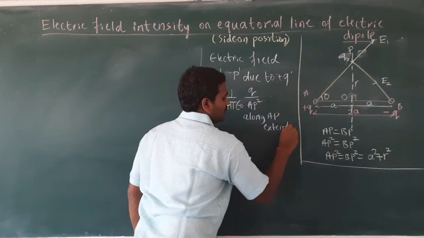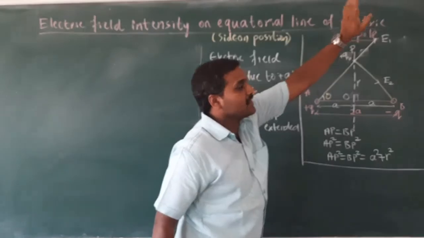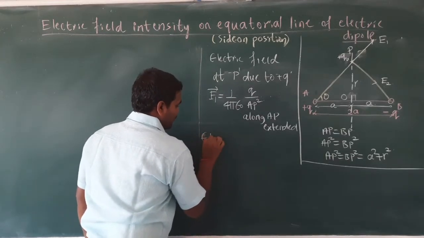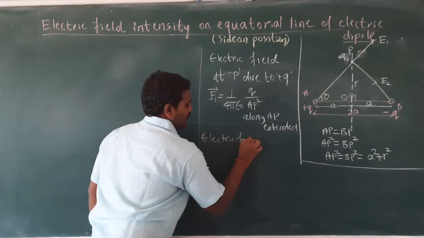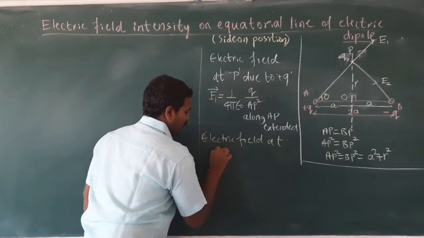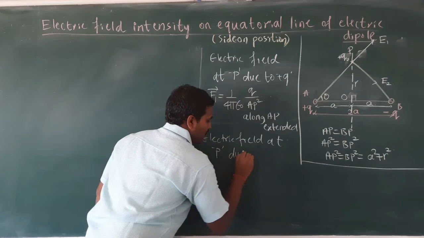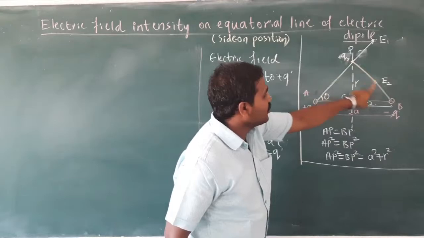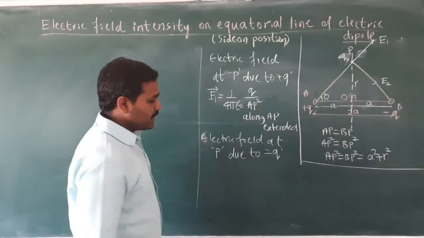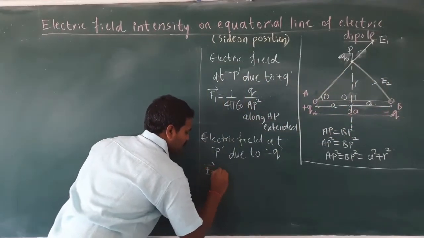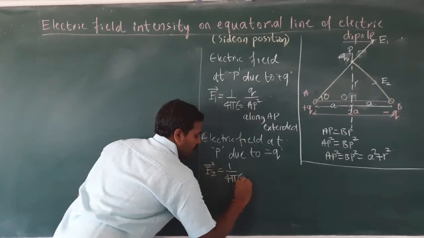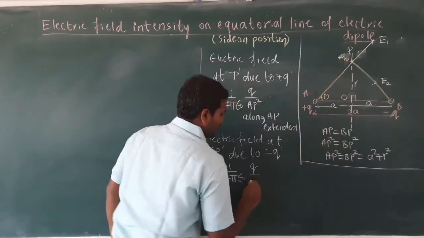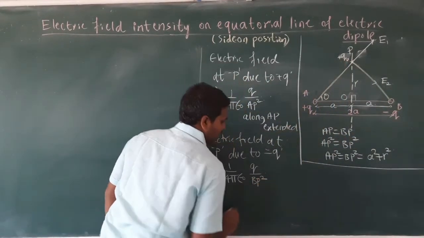It is along the direction of AP extended in that direction. Similarly, the electric field at point P due to minus Q charge, that is nothing but E2, is given by E2 equal to 1 divided by 4 pi epsilon naught Q divided by the distance between source charge and test charge, that is dP square.